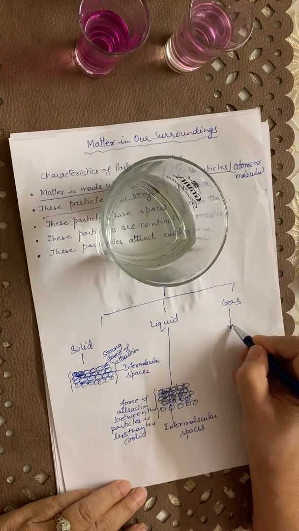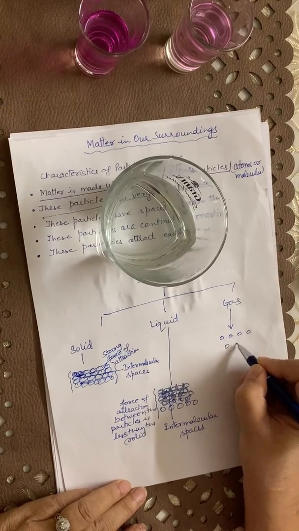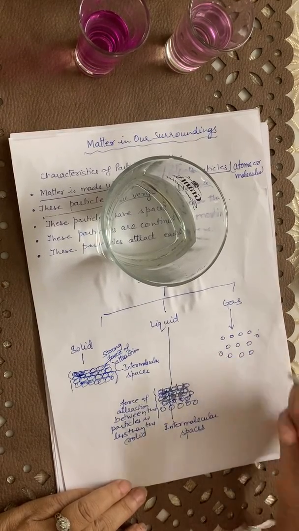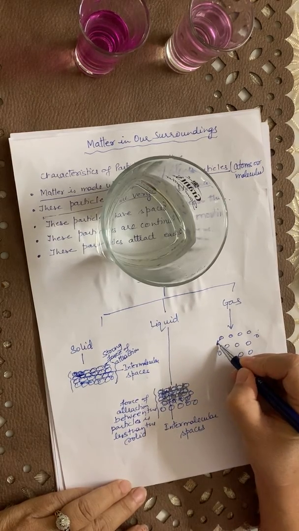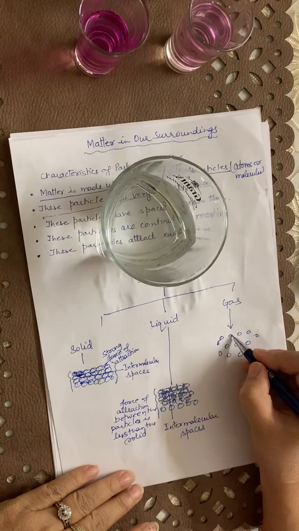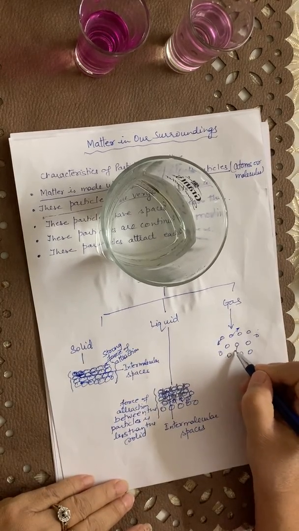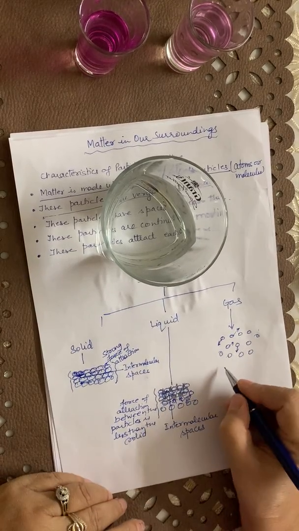The third state is the gaseous state, and in the gaseous state, the particles are far away from each other. If a particle wants to move here, it can move. If a particle wants to move there, it can also move here, there. So there is no force of attraction between the particles.